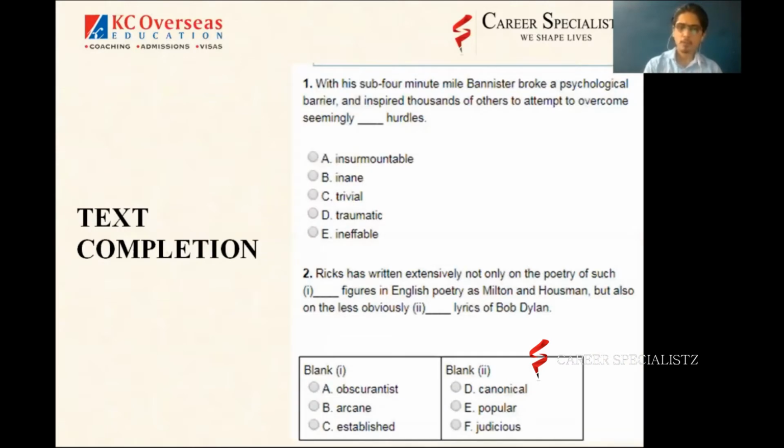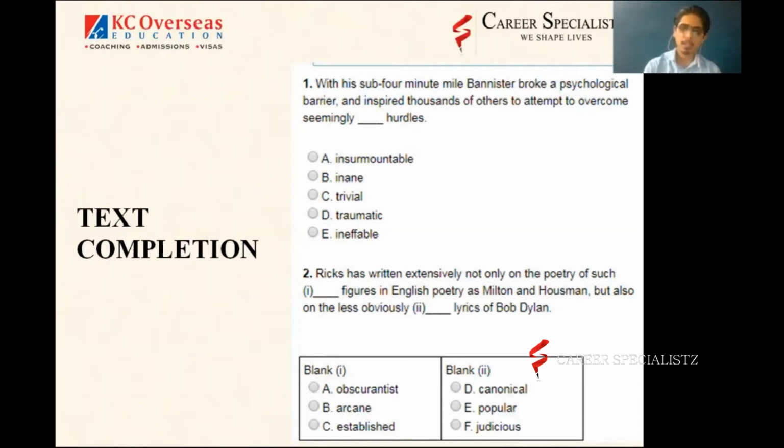The next type of questions are text completion questions, which are just like the regular fill-in-the-blank questions that we used to solve previously. However, here there are again 2 different types of questions. The first is a single sentence, single blank question, which as you can see on your screen is question number 1, where you have 1 blank and 5 options, out of which 1 would be the correct answer for that blank.